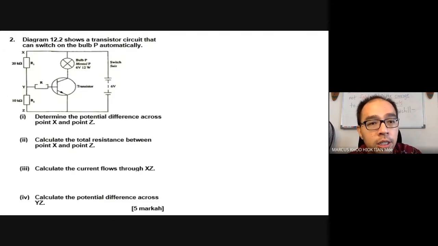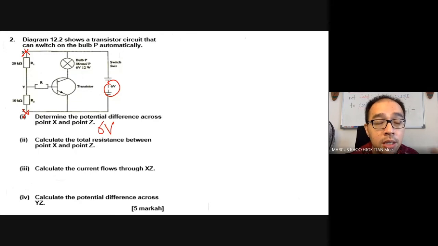Question number 1, determine the potential difference across point X to Z. From here to here. If the voltage supplied is 6 volts, the potential difference across here will also be 6 volts. So they're from point to point. Now the total resistance between point X and point Z: the total resistance is 20 kilo ohms and 10 kilo ohms.